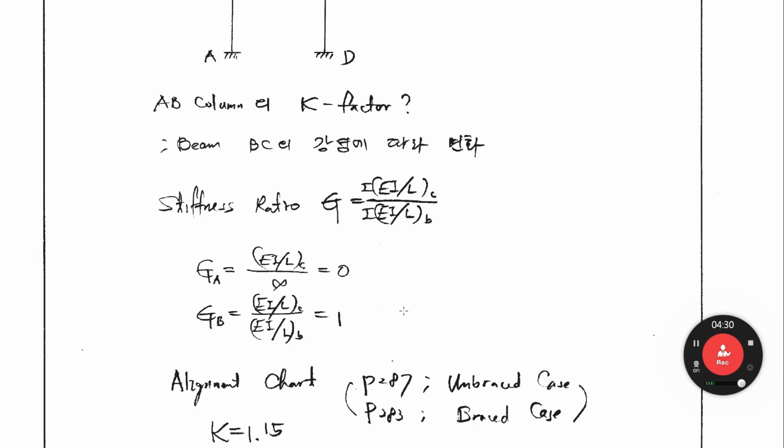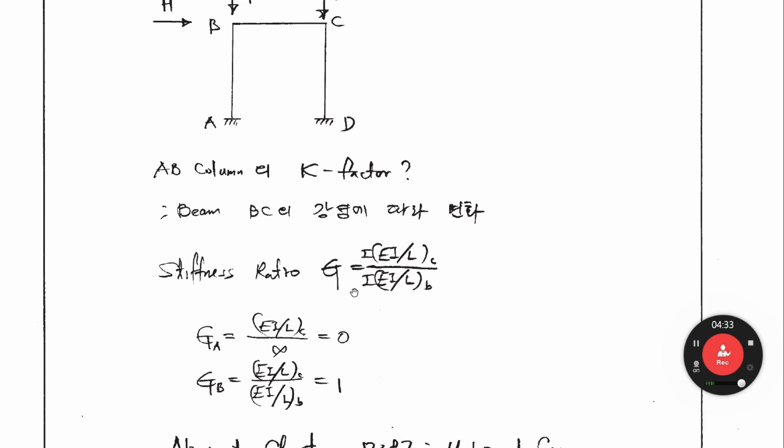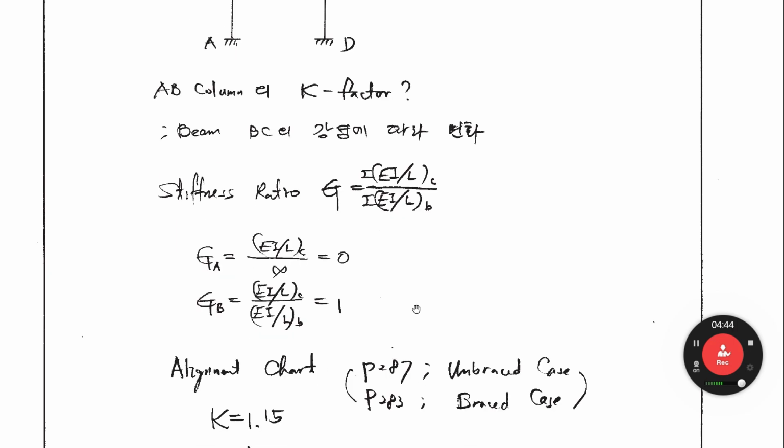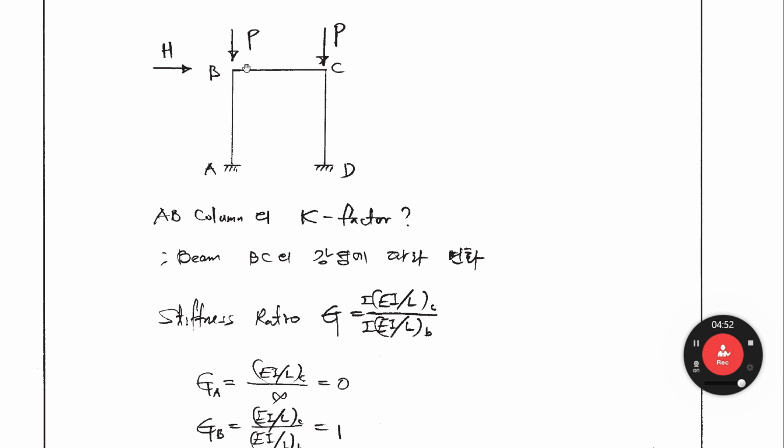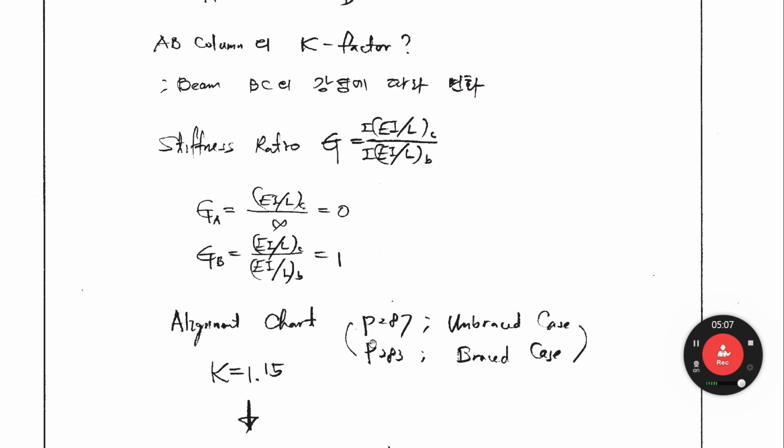If you have this stiffness ratio of the column at the bottom and top, we have the alignment chart. As you see, it is an unbraced frame. There must be side sway. We have to see the alignment chart of the unbraced case. That is page 287 of your textbook. So GA equals 0, GB equals 1.